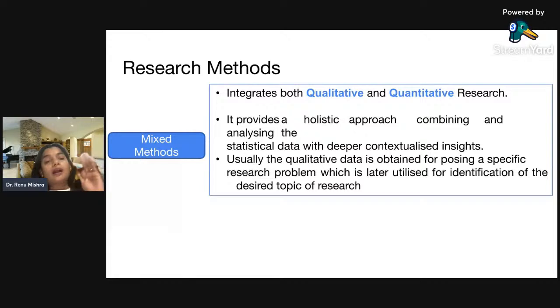That does not mean that. However, when short of time, mixed method is generally not done by scholars. The reason being, it takes time because you are collecting two kinds of data which are opposite in nature to each other, and then analyzing them in different ways. That's why we say that mixed method generally takes time.